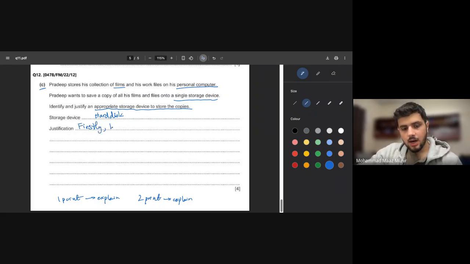So hard disk, so I'll write: firstly, hard disk has a better longevity, which allows the data to be stored for a longer time.